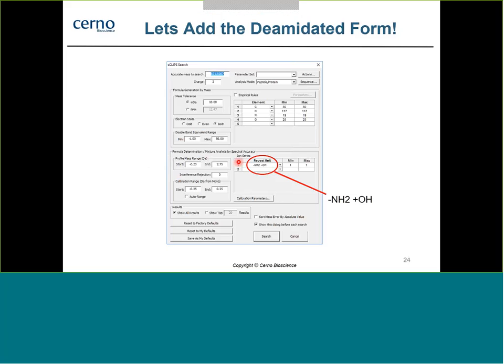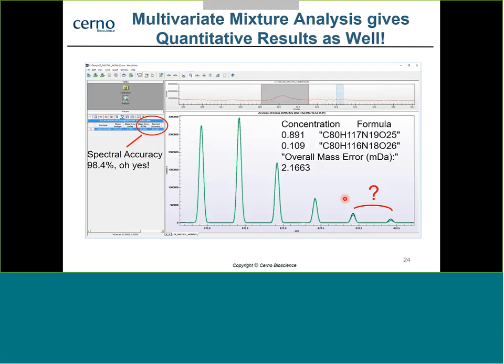What we can simply do is tell the software to not only match the native form, but also apply a modification, the modification that occurs to the formula in the deaminated form, and then do the spectral match. So it's really a mixture deconvolution, and the only way that this is possible is due to the fact that we've calibrated the line shape so we can get a very accurate and easily modeled line shape profile, isotope profile.